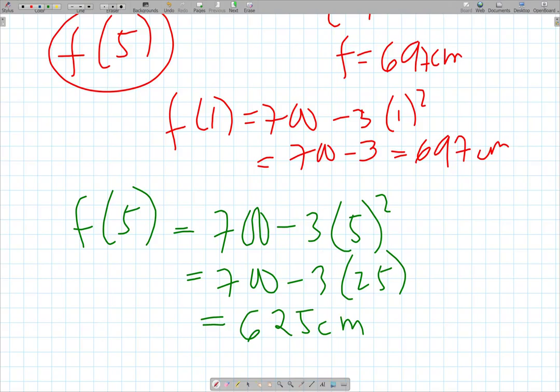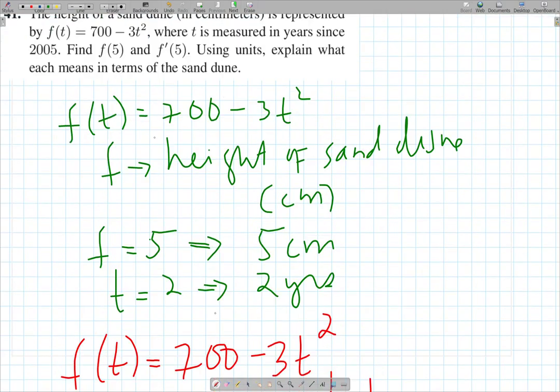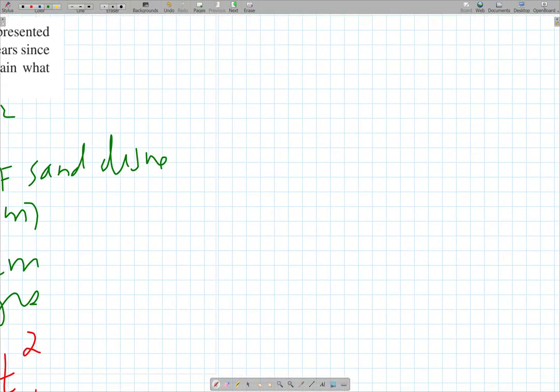Okay, so yun ang f of 5. Then, ang next na required sa problem is we have to find f prime of 5. Okay. Ano ang ibig sabihin ng f prime of 5?